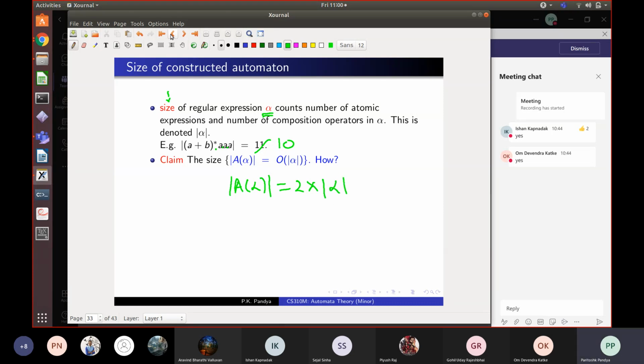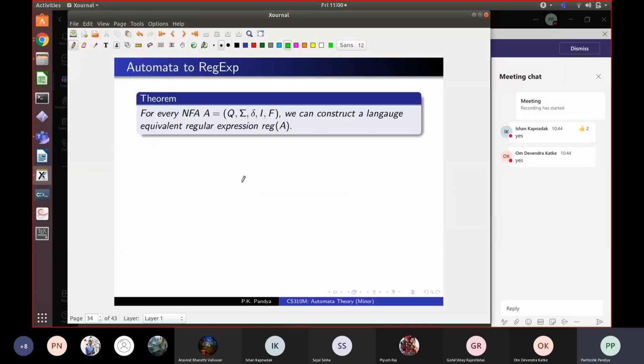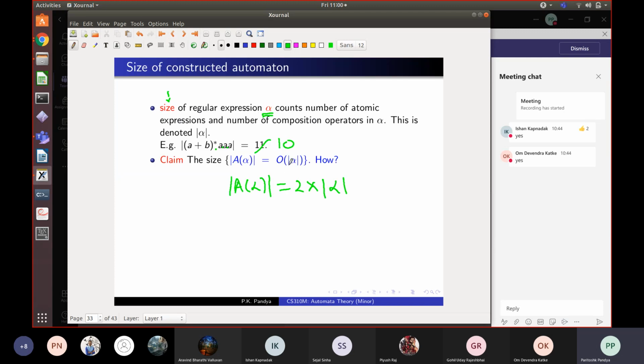And you can see that at every step I am maintaining this. Whenever I have an extra operator, I add only 2 nodes, right? So I have something which is linear in the size of alpha. The size of the constructed automaton grows linearly in the size of the regular expression, and we don't get a very large epsilon NFA.